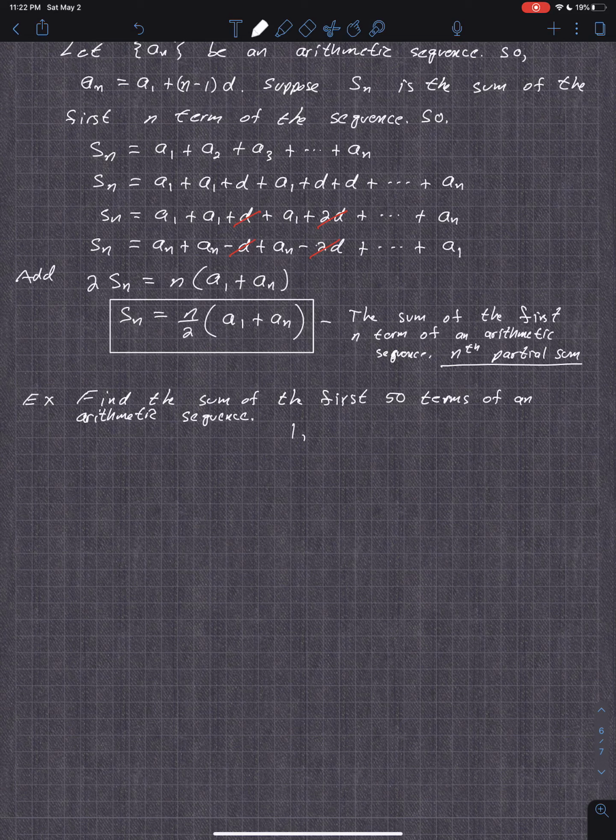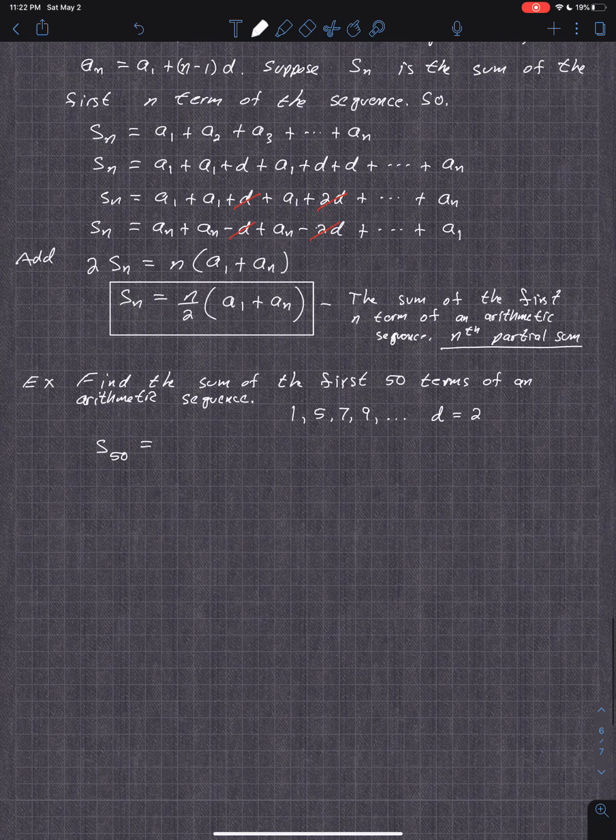It is 1, 3, 5, 7, ... Common difference d we can see is 2, and it's arithmetic. So we want to say S sub 50 is equal to 50 over 2, right? Do we all see where we got 50 from? 50 is your n. All right, and then we know the first term.